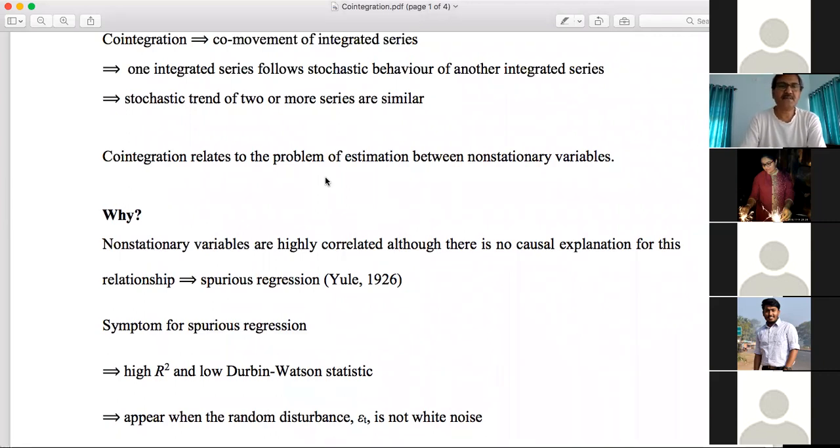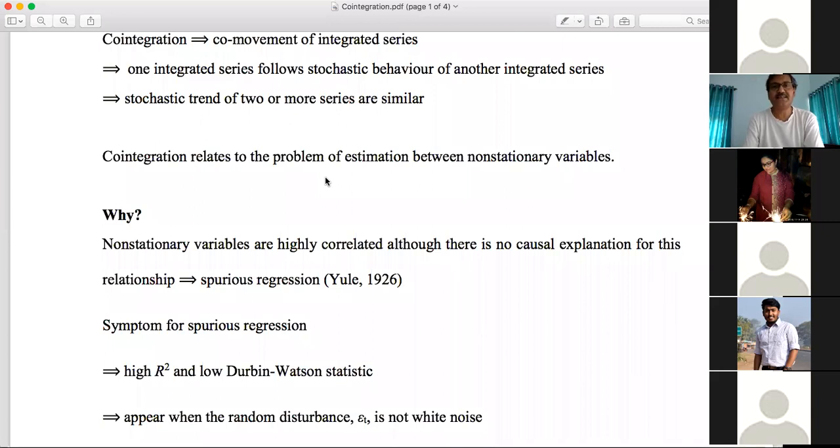Yes. Suppose we have several non-stationary time series variables. Now, one of the important features of non-stationary time series variables is that they would be highly correlated. If the variables are non-stationary, the variables will be highly correlated. Now, you need to understand the meaning of correlation. You know the definition of correlation coefficient, definition of regression coefficient.